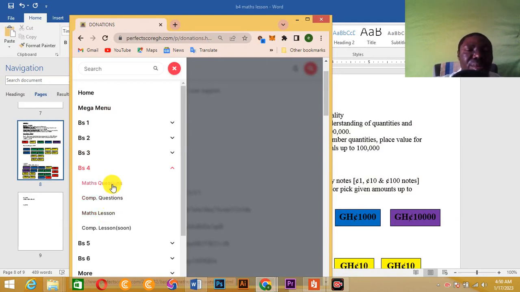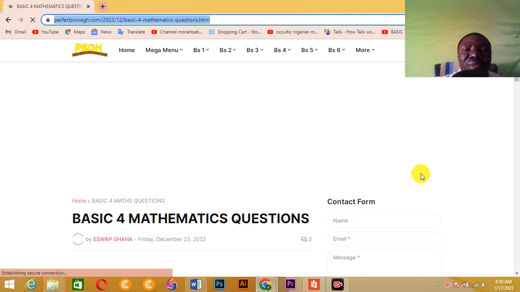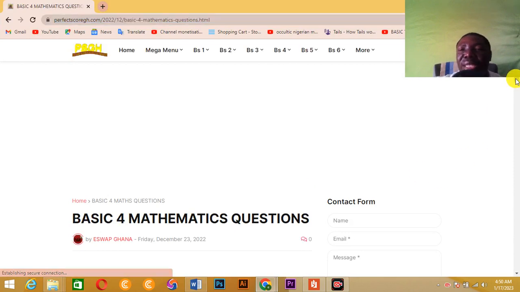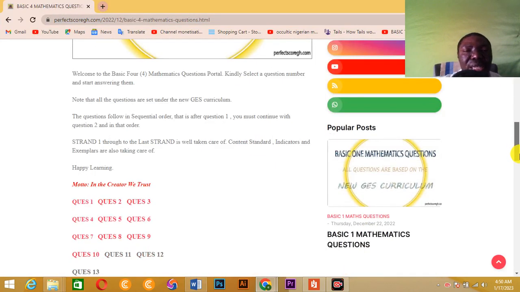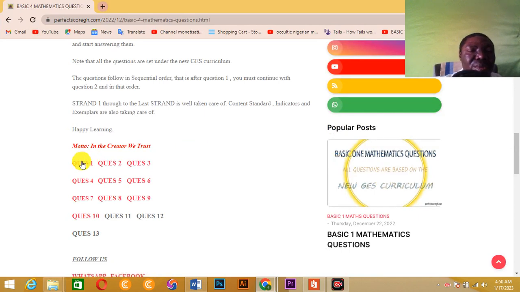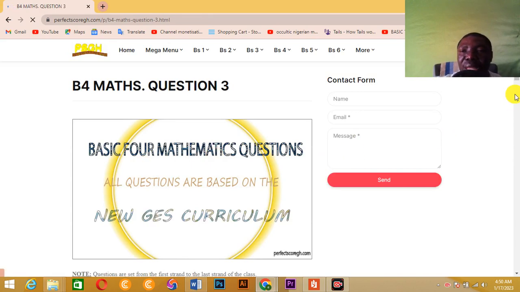Then you have questions, so visit the maths question area, where you find questions relating to whatever we teach here. The questions go in order: question 1, question 2, question 3, question 4. You finish the first one before the second one. Let's check the question that relates to the lesson we are looking at.